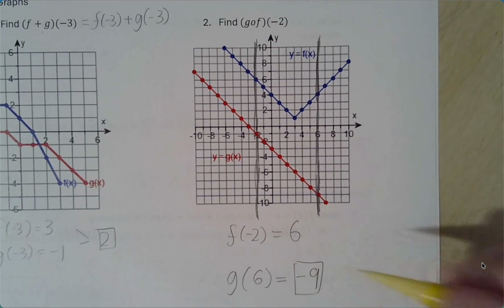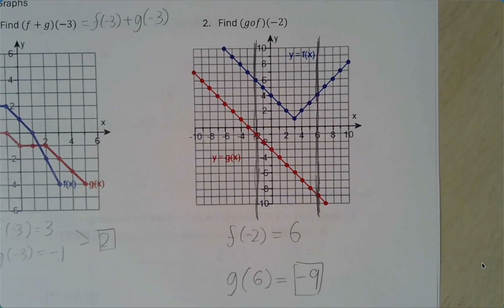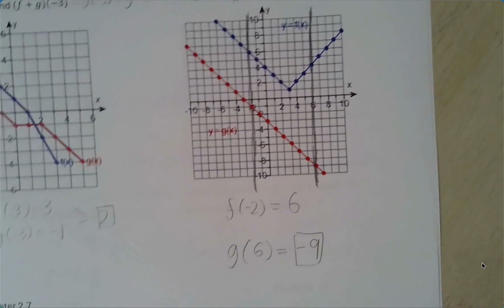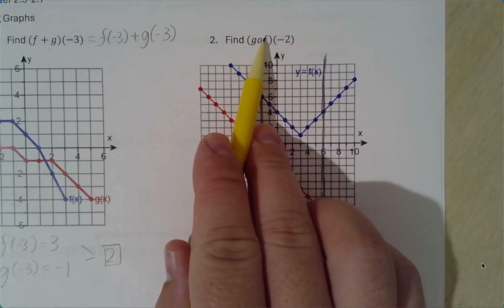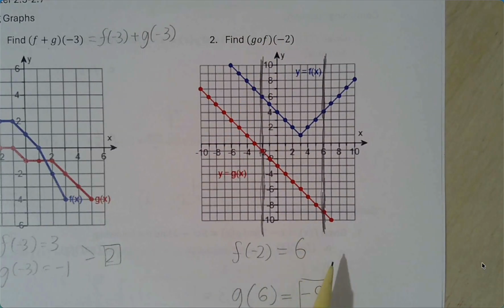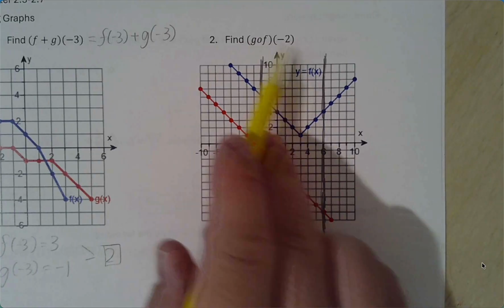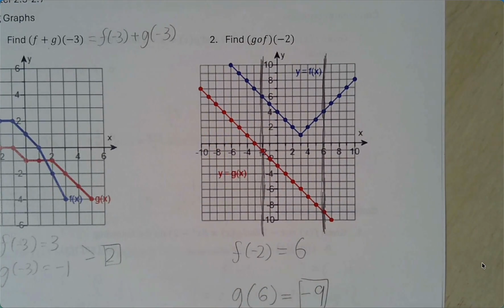And that's your final answer. So, if we could say it another way, -2 through f is 6, and consequently 6 through g is -9. Catch that logic and that flow there, and that finishes up 2.6.